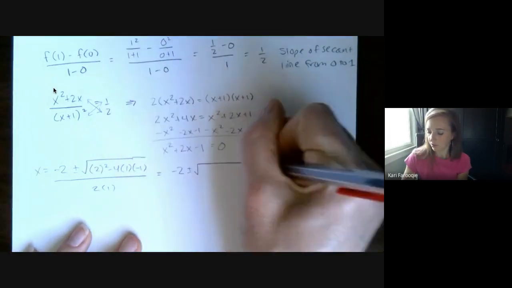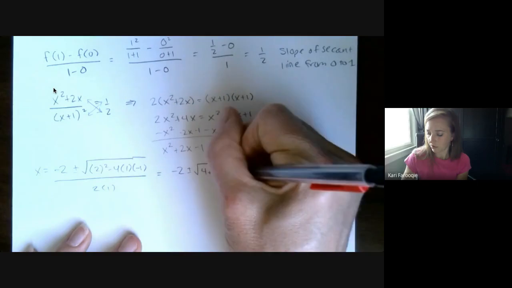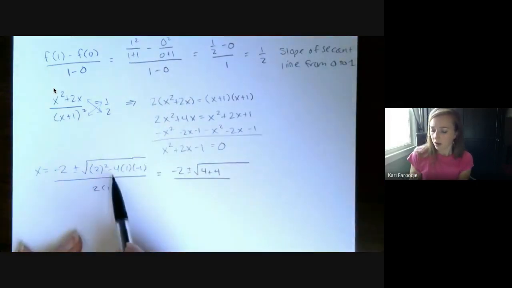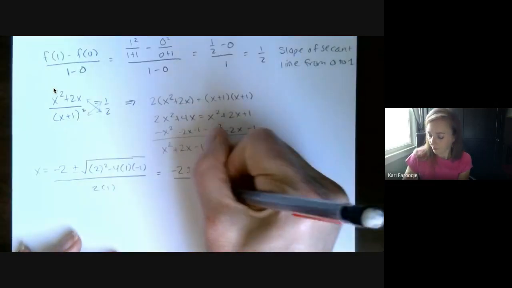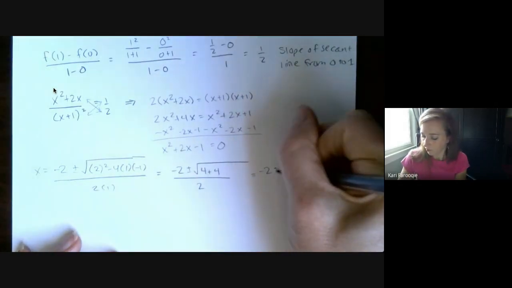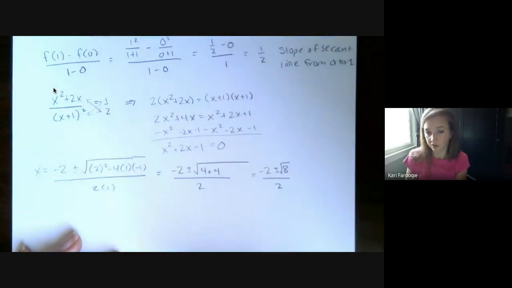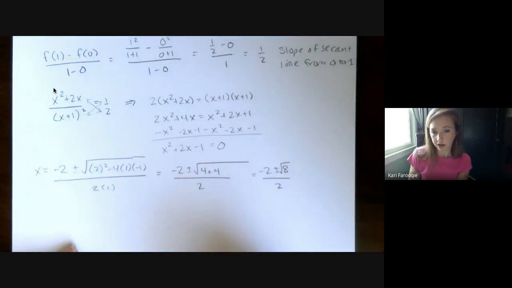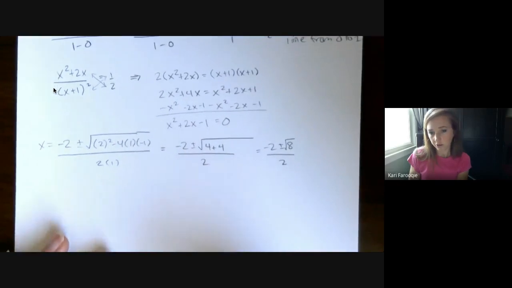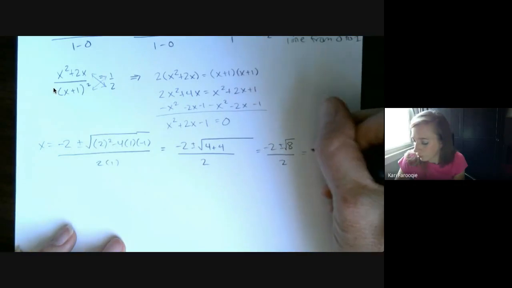Negative 2 plus or minus the square root of 4 plus 4. You have a minus and a negative, so that's a plus, divided by 2. Negative 2 plus or minus the square root of 8 divided by 2. I'm going to simplify the radical. Remember, when you're trying to simplify radicals, you need to figure out their perfect square factors.